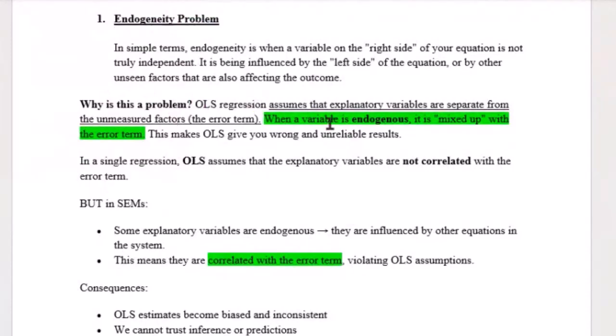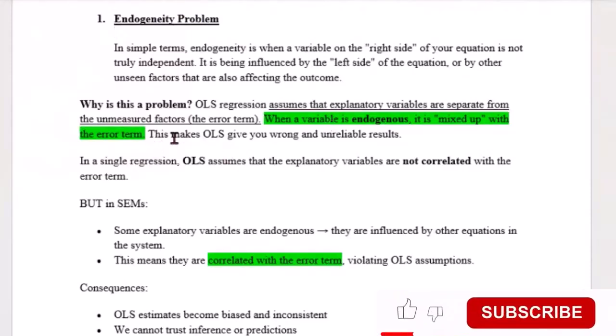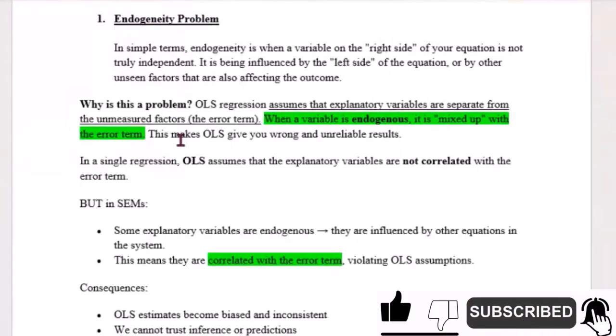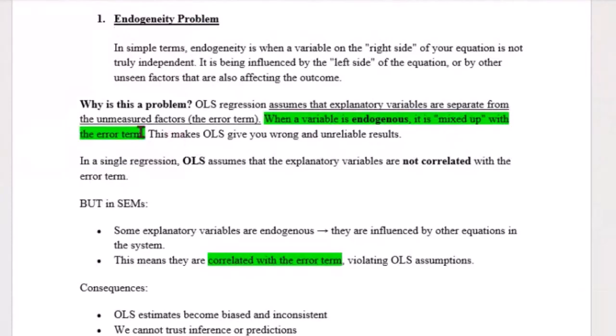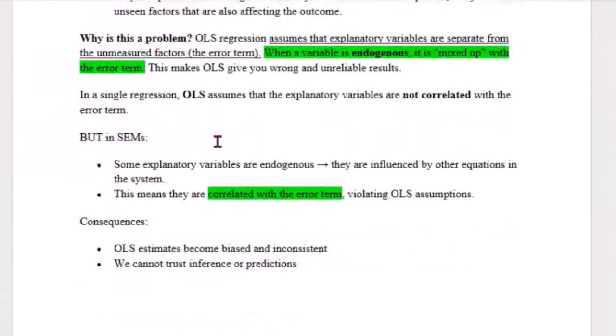So OLS regression assumes that explanatory variables are separate from the unmeasured factors or the error terms. When a variable is endogenous, it is mixed up with the error term. This makes OLS give you wrong and unreliable results. So in a single regression, OLS assumes that the explanatory variables are not correlated with the error term. But in structural equation modeling, some explanatory variables are endogenous.